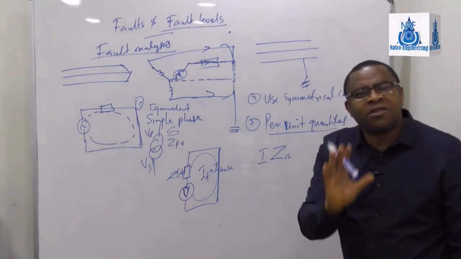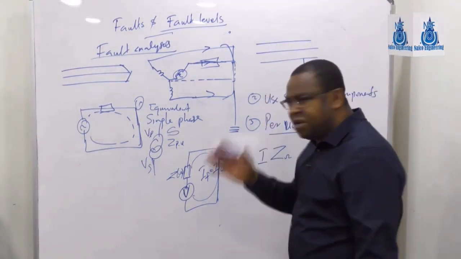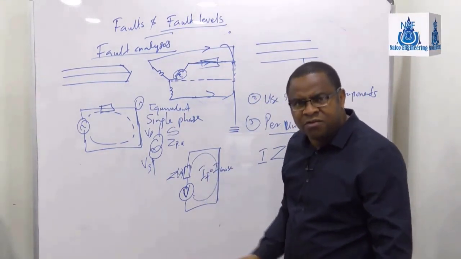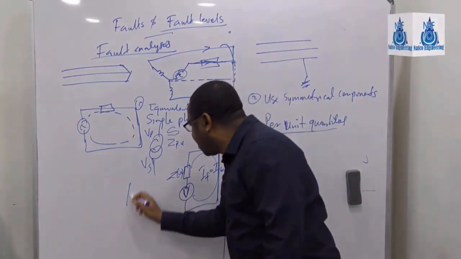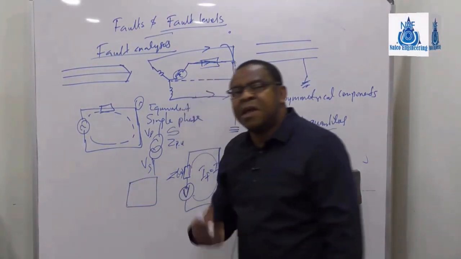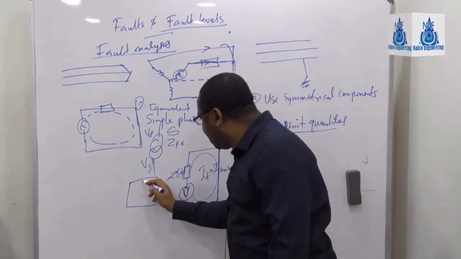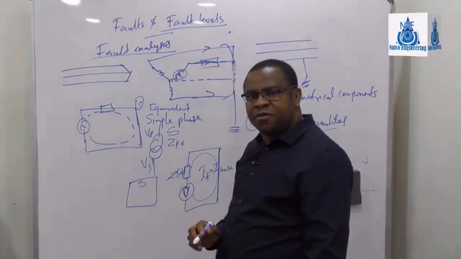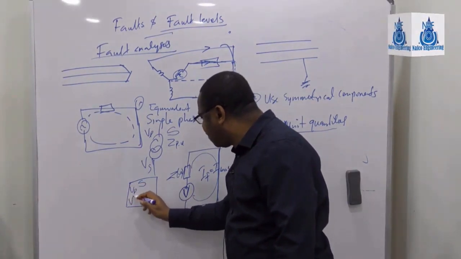Now, what is base first, before we continue? Because we'll be dealing with base values. When you have this transformer, if you go to the nameplate of the transformer, you are going to see the apparent power, the voltage of the primary, the voltage of the secondary.